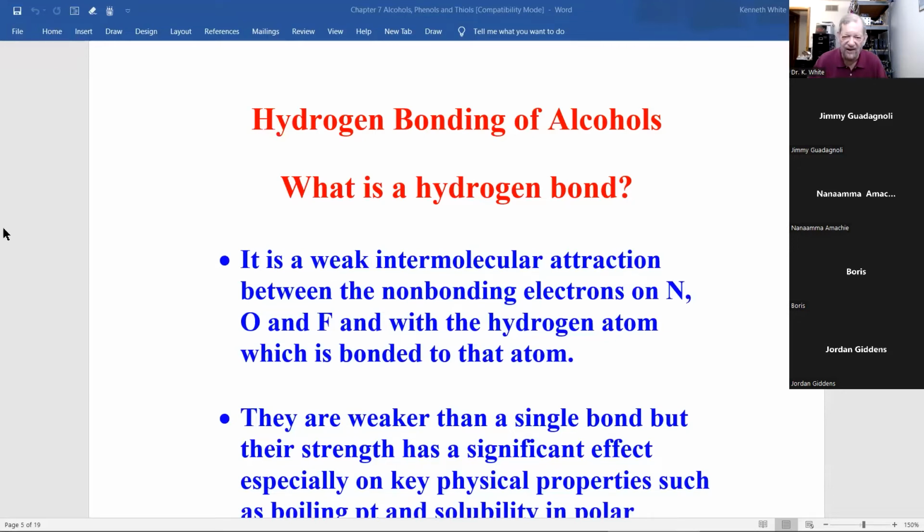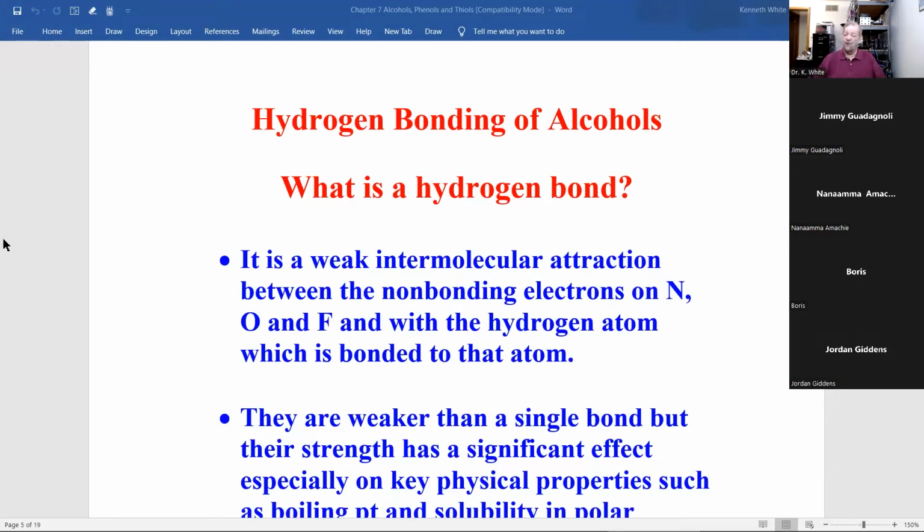Let's talk about hydrogen bonding of alcohols. What is a hydrogen bond? Well, it's a weak intermolecular attraction, not a real bond, but it's still a weak force that's very important between non-bonding electrons on a nitrogen, oxygen, or fluorine, and the hydrogen atom bonded to that type of atom, nitrogen, oxygen, fluorine, in another molecule.